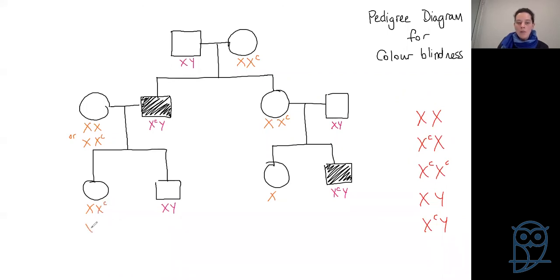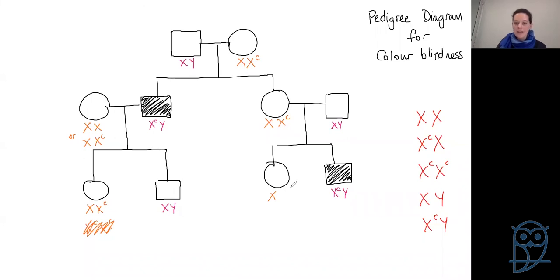The only other option would be X^C from the mother, X^C from the father, but that's not going to work because, remember, X^CX^C, now we would be expressing, we would be colorblind. So we know that one is not an option. So this X^C from the father would have to be combined with an X from the mother. Does that help us differentiate in this mother? Nope, because both of them, she's got a plain X as an option.